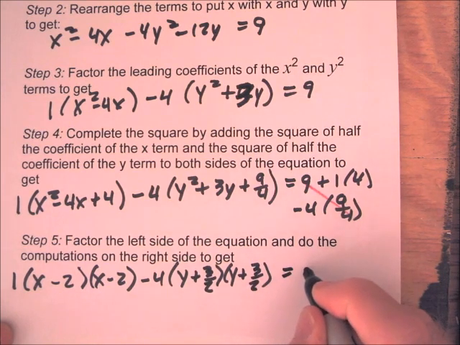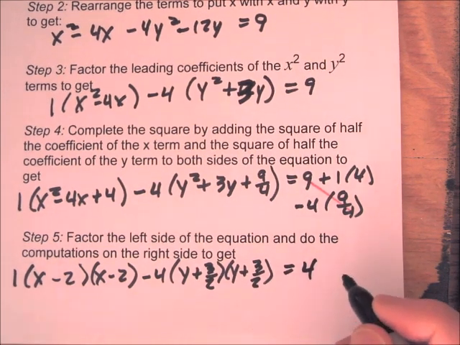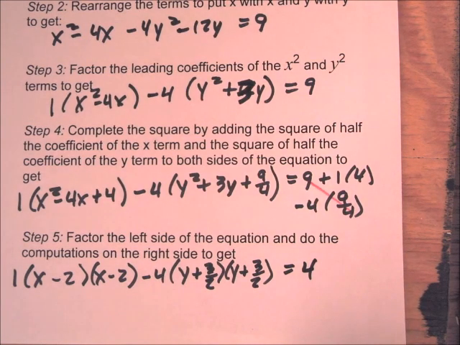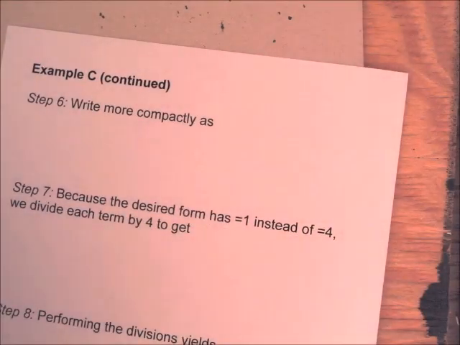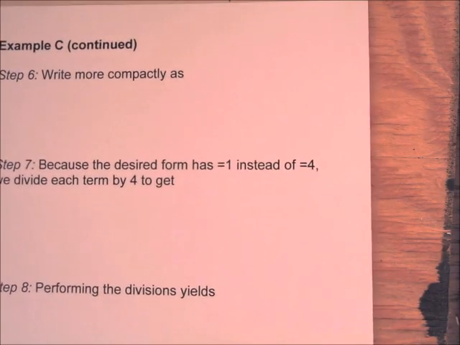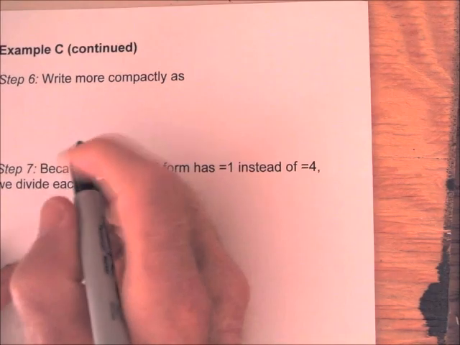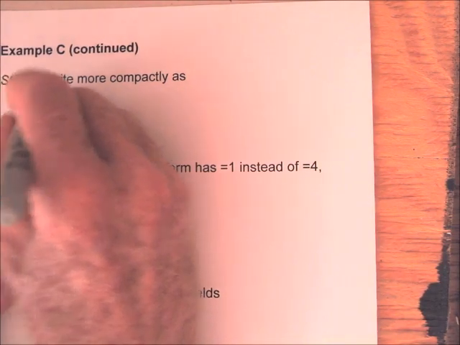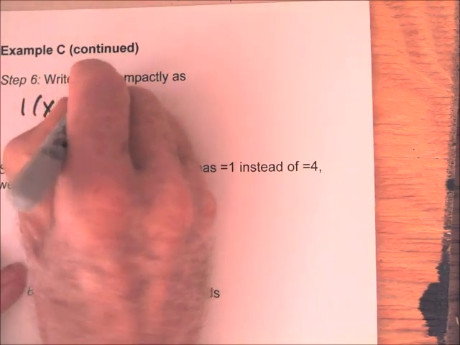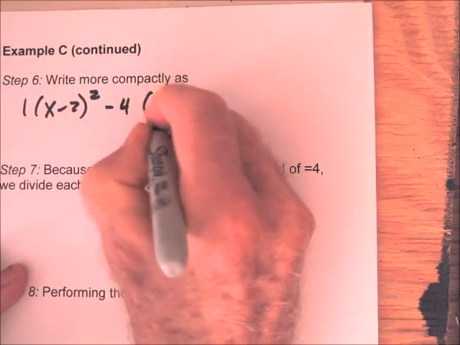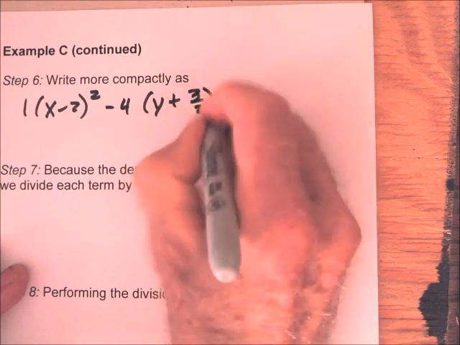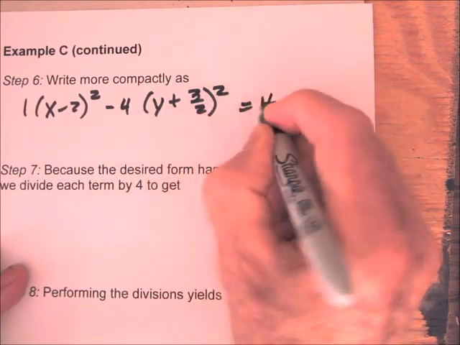Equals 4. Okay, so we can write this now in exponent form. This will be 1 parentheses x minus 2 quantity squared minus 4 parentheses y plus 3 halves quantity squared equals 4.